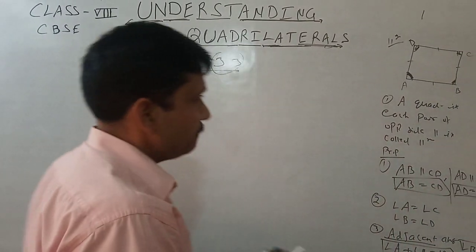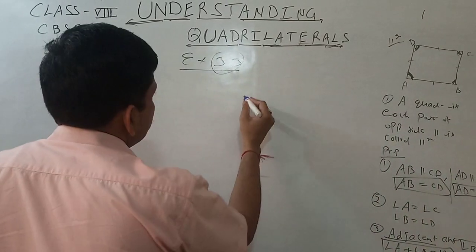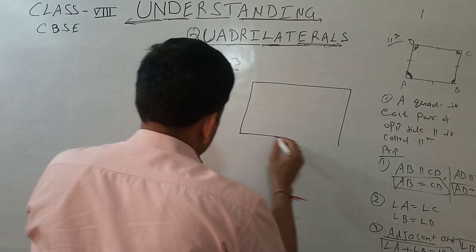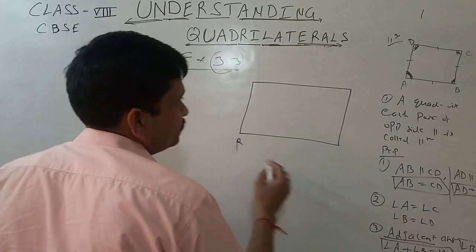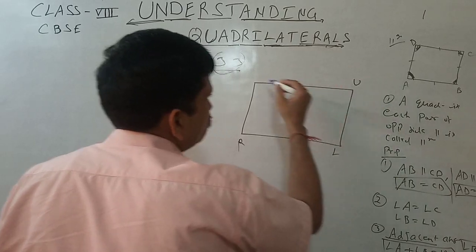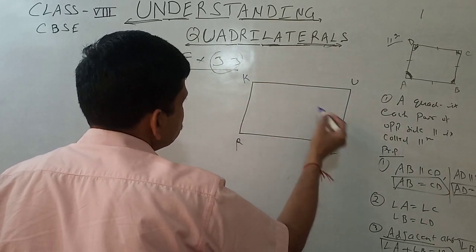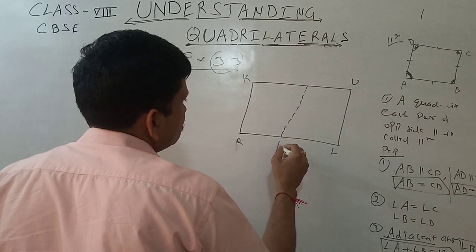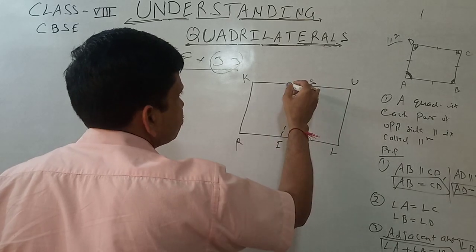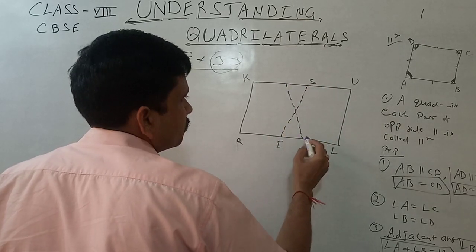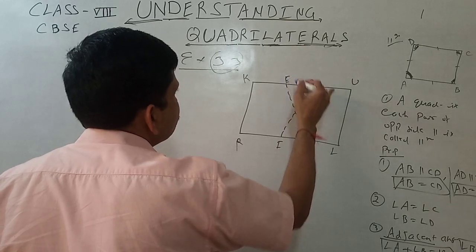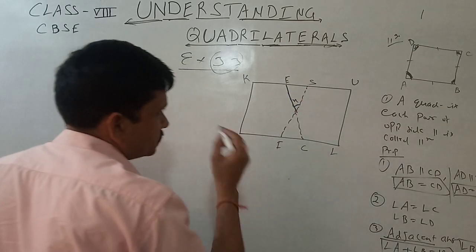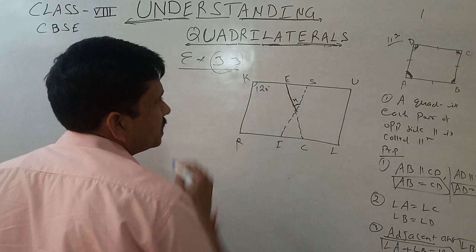Okay, let's take our next question. This is R, L, U and K. This is I and S. This one is C and E. Here it is given that angle K is equal to 120 degrees.